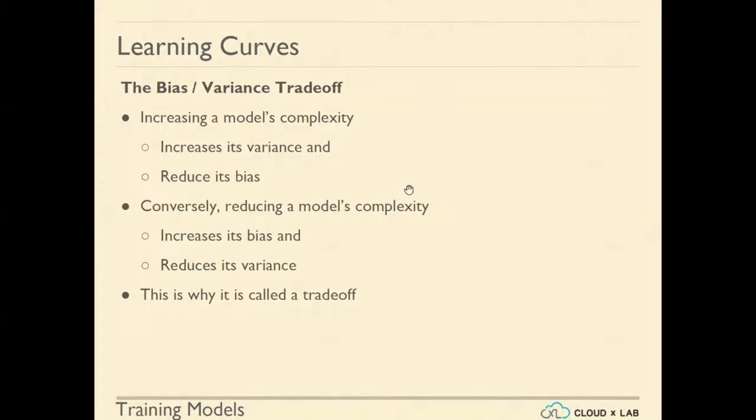Conversely, reducing model complexity will reduce variance, but at the same time increases bias. So that's why we have a trade-off between bias and variance. Bias means underfitting. Variance means overfitting will be there, right?